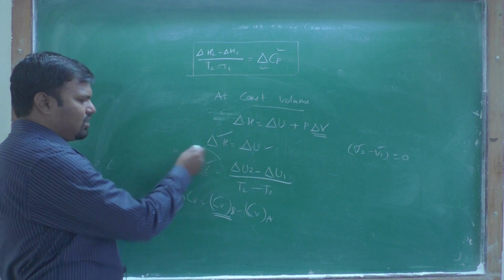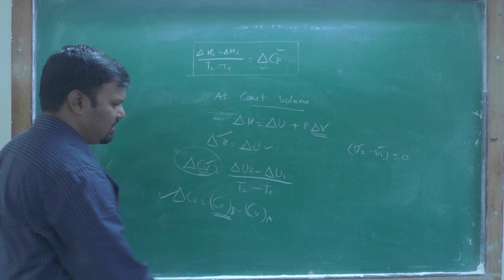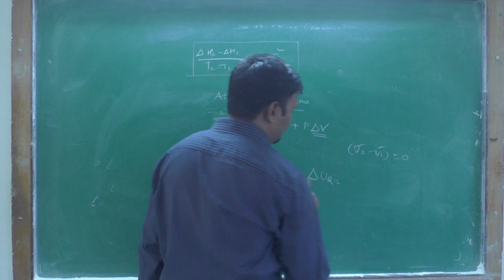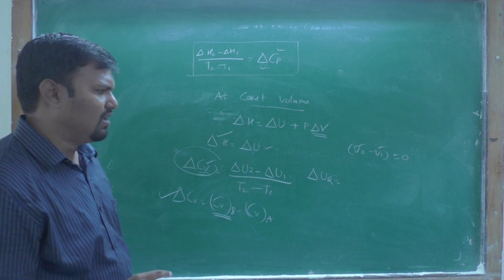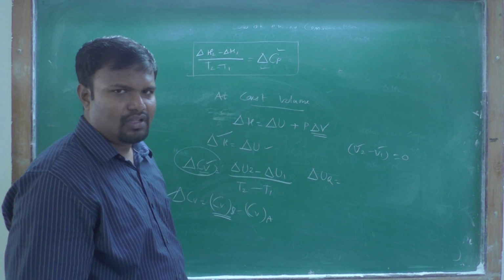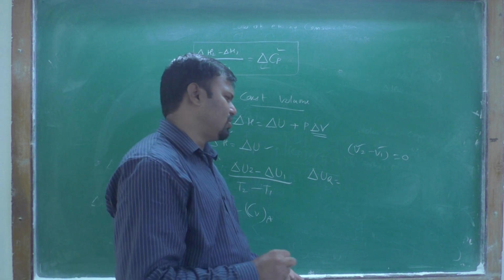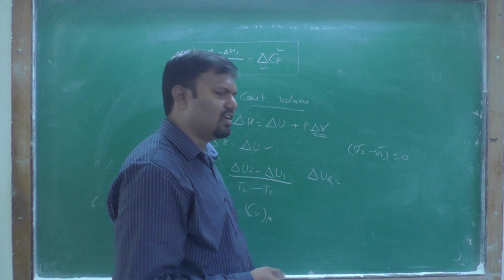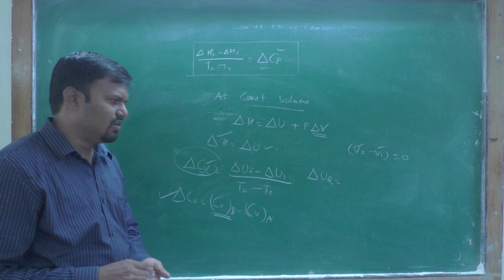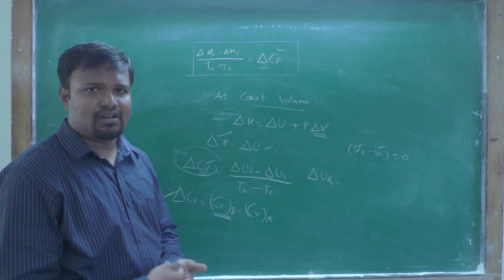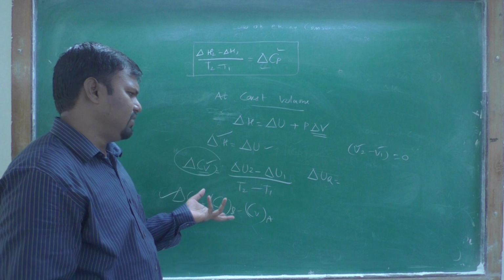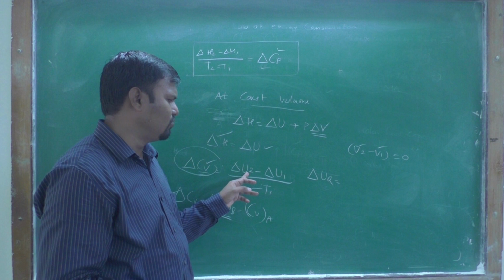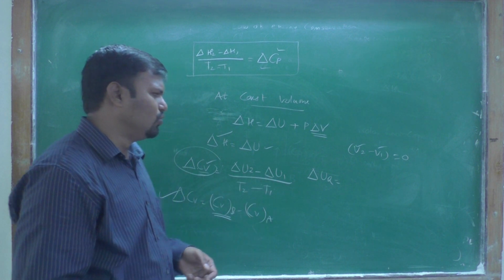Delta U2 is the change in internal energy at temperature T2, and delta U1 is the change in internal energy at temperature T1.